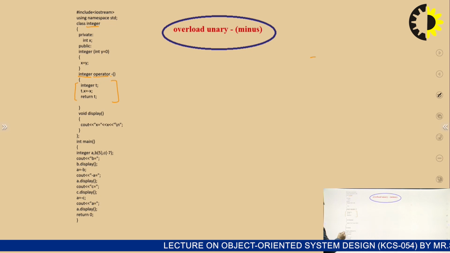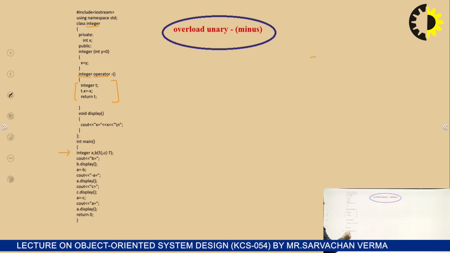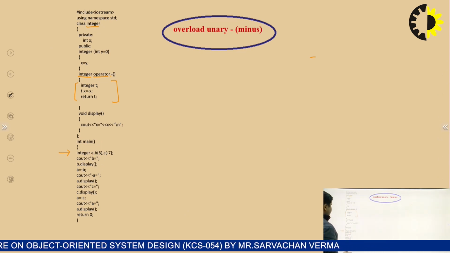You will see here this is the object of integer class. A is the object of integer class and B is the object of integer class.